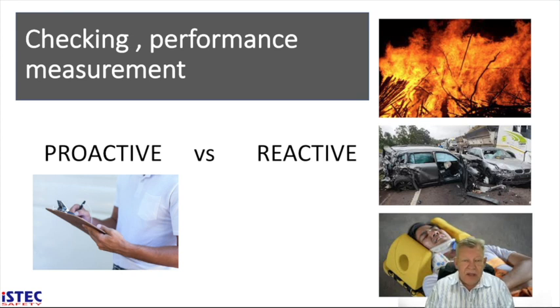Reactive, we are measuring the amount of mistakes that we make, we are analyzing them, and then we learn from them. Unfortunately, to learn from mistakes, a mistake first has to happen. So you first need to have an incident or an accident or a substandard condition that then results in the possible consequence that you should have identified, and then you learn from that mistake.